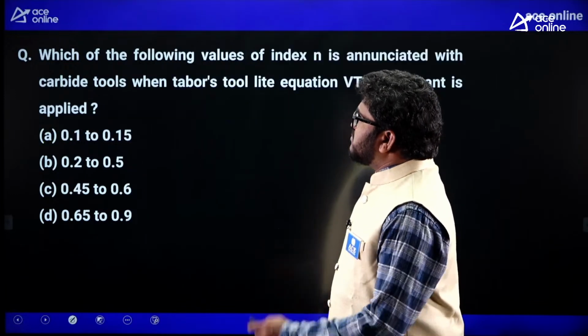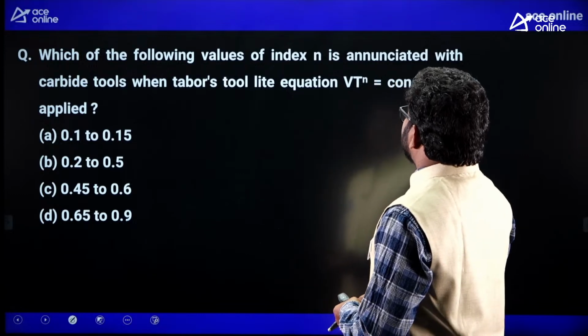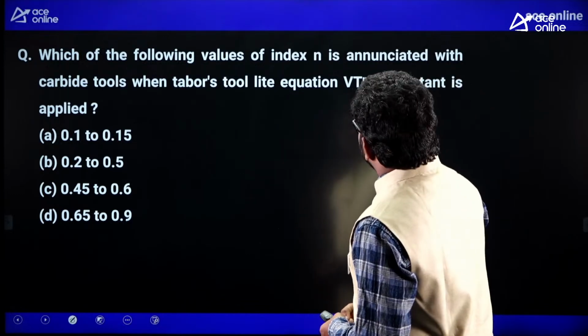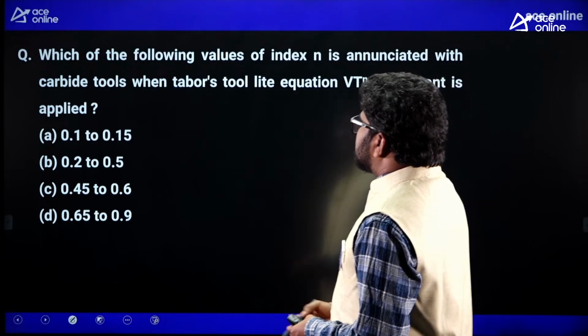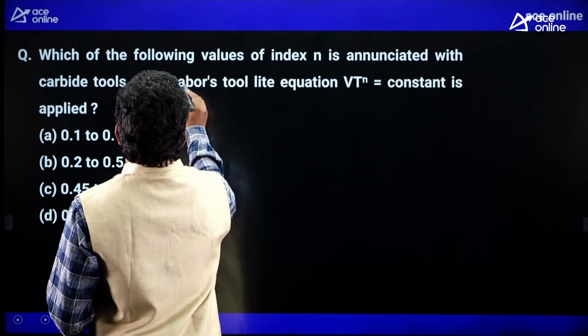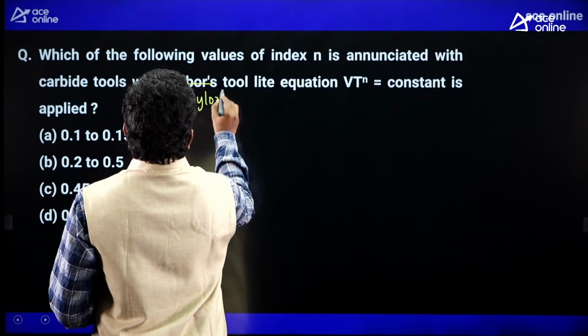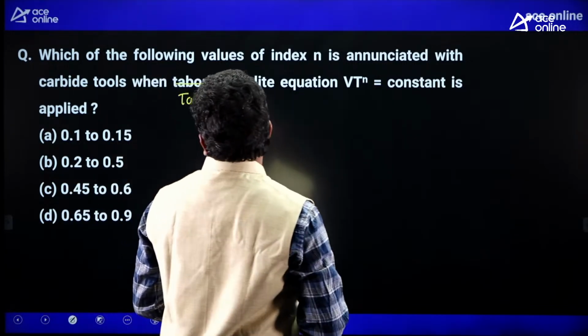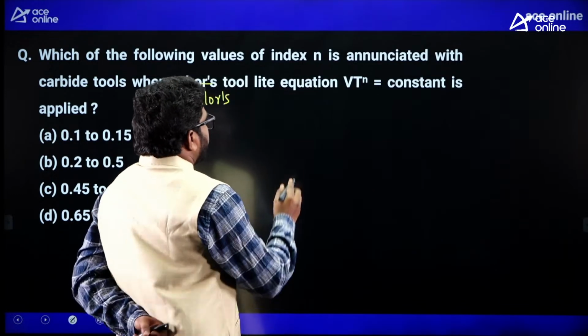The next question: which of the following values of index n is associated with carbide tools when Taylor's tool life equation V t power n. Now listen, one important thing here I will give you.